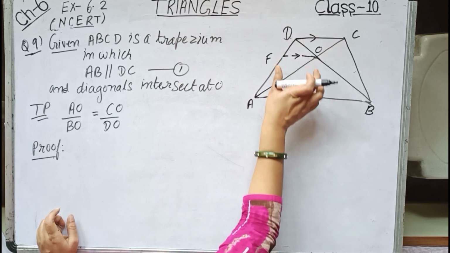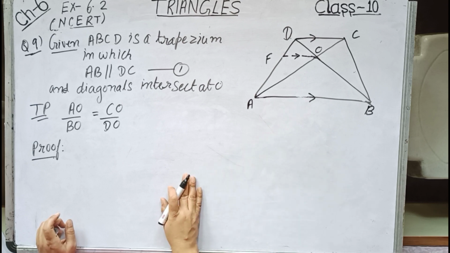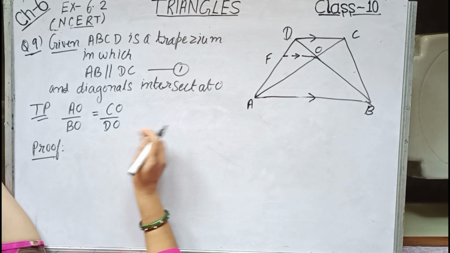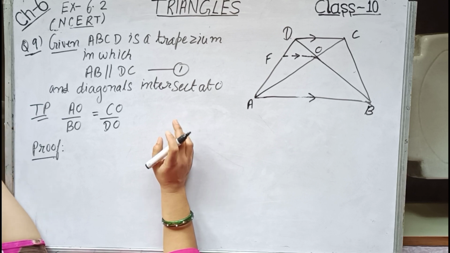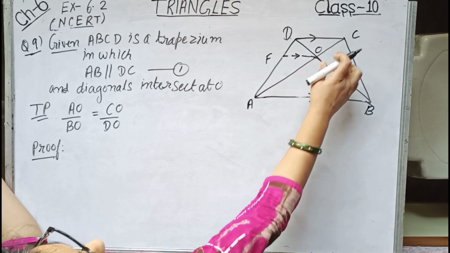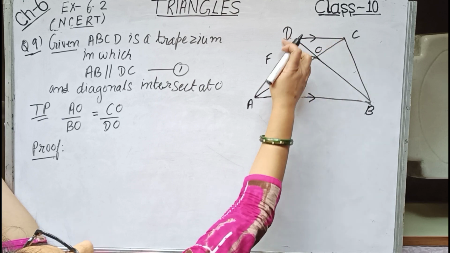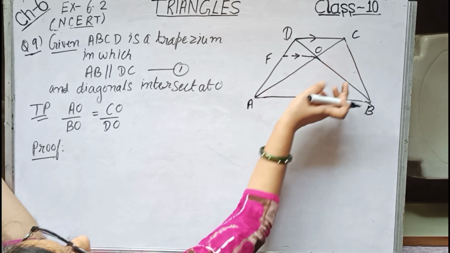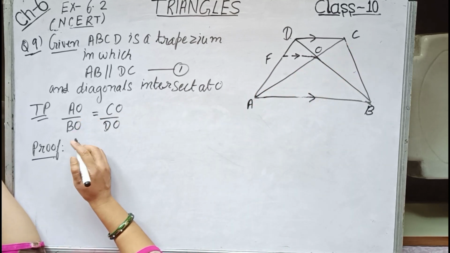So DC is parallel to FO, which is parallel to AB. Now we will find a triangle in which AF by FD equals AO by OC, and that triangle will be triangle ADC. That is AO by OC, we will be getting one ratio, that is in LHS.